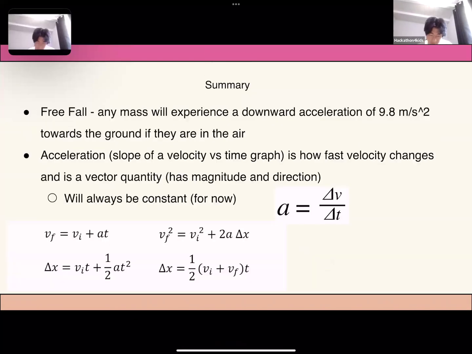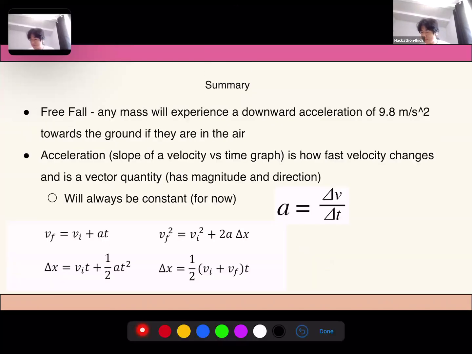Next slide. Free fall. Remember, when you're in the air, the only force you're experiencing is gravity. So your acceleration caused by that force is always going to be constant, because that force is not changing. So it's always going to be a downward acceleration of 9.8 meters per second squared.